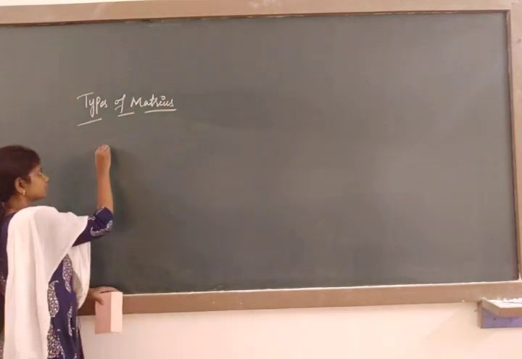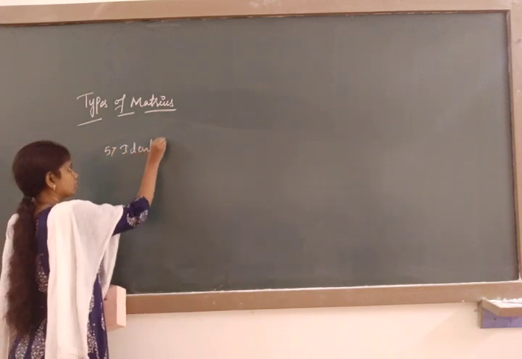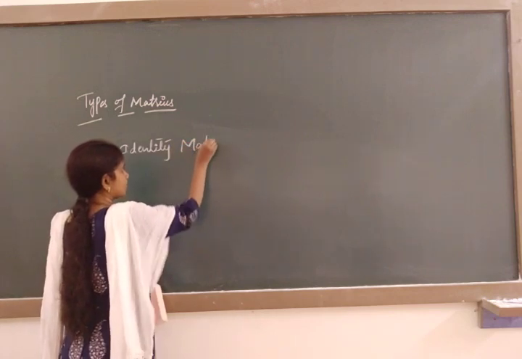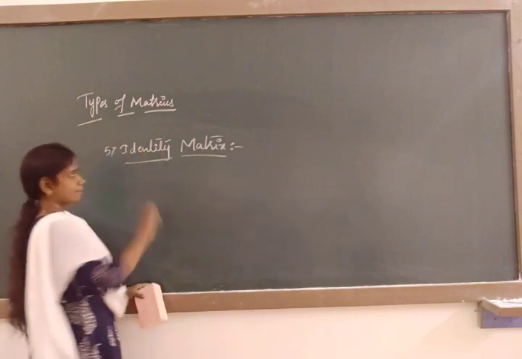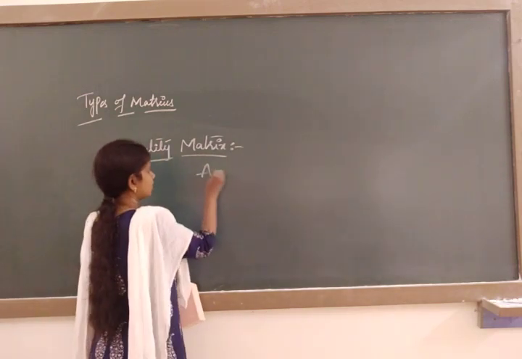Next you take the identity matrix. So what is an identity matrix? It is also a diagonal matrix.